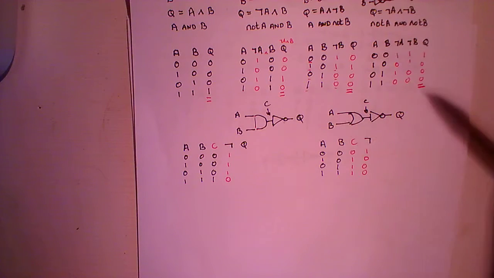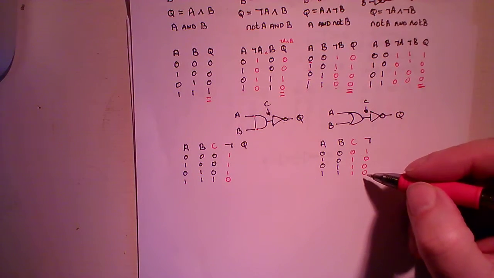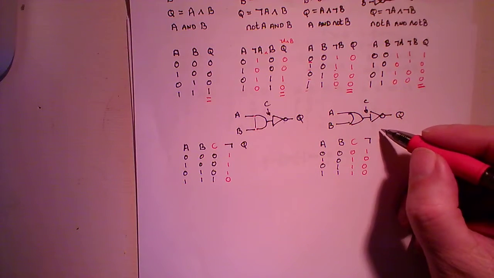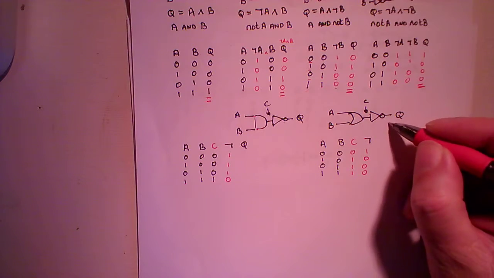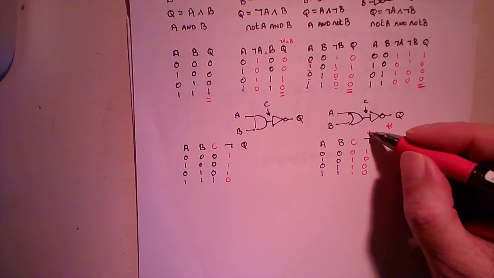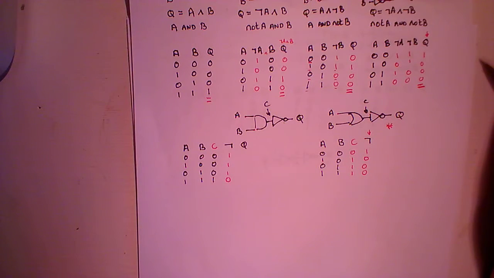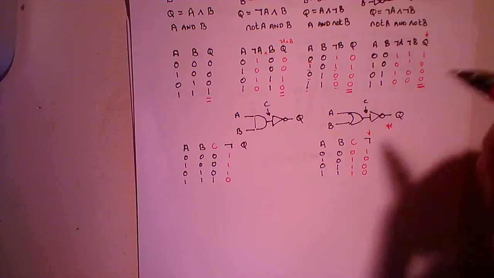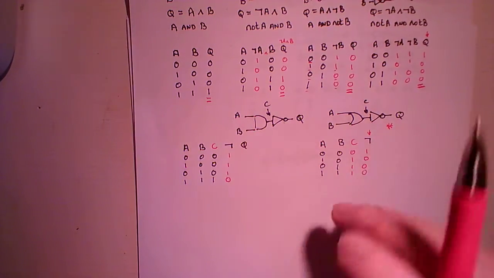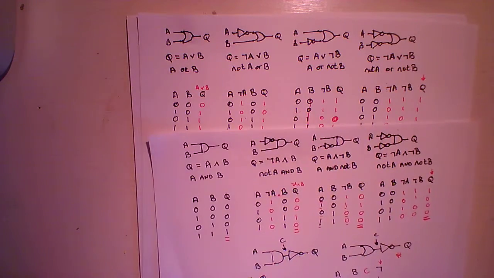But what I want you to look at is that these already exist. So this gate here, the output is exactly the same as that output there. And this gate here, that output is exactly the same as that output there.